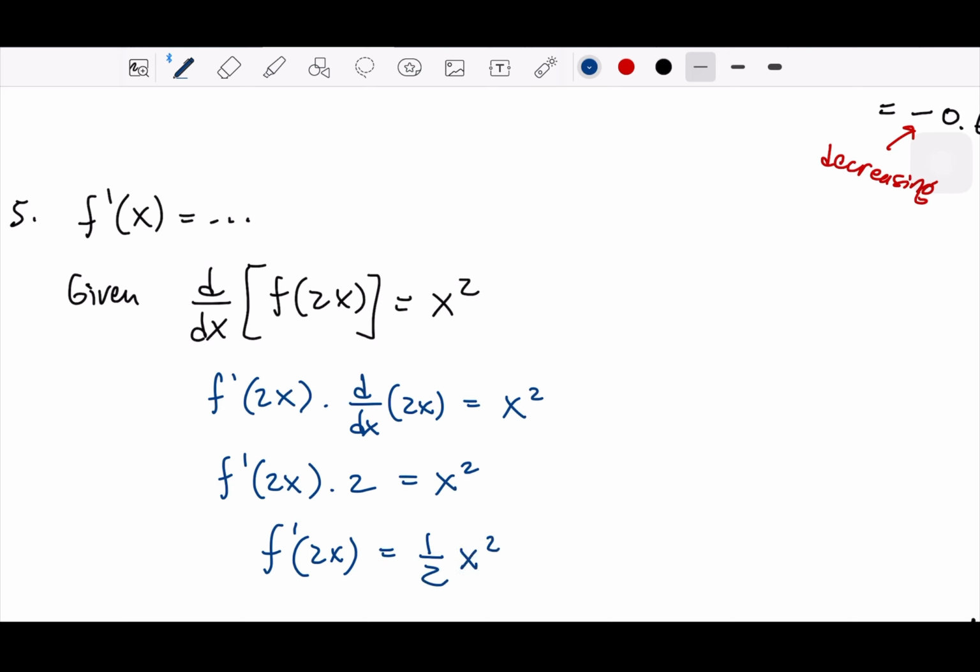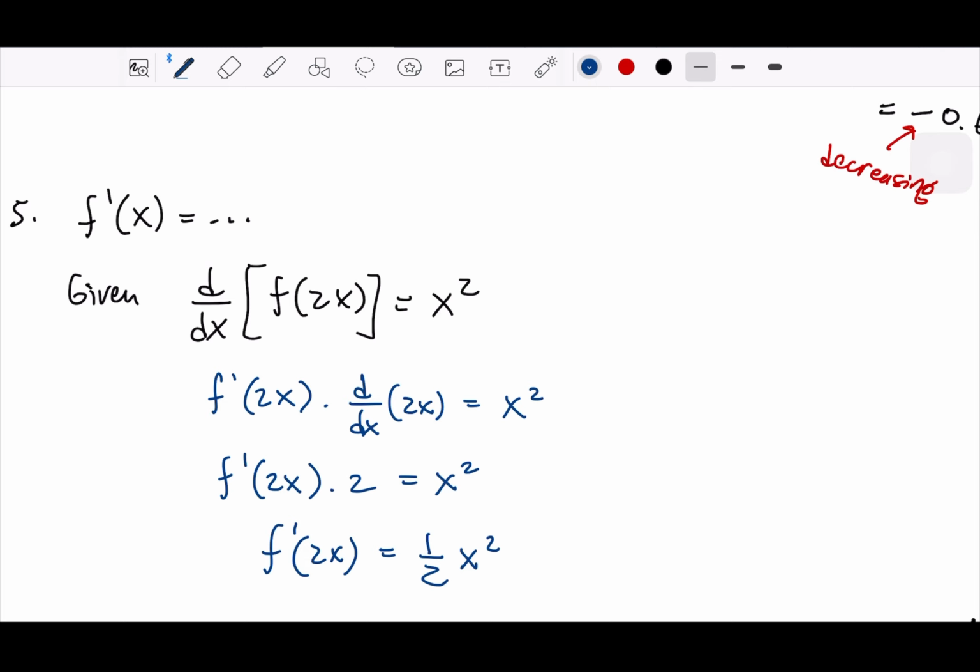Okay. But our objective is f prime of x, not of 2x. So how do we proceed? We are going to set this equal to some variable. We can think of a dummy variable p.